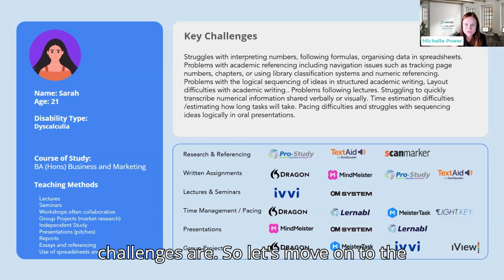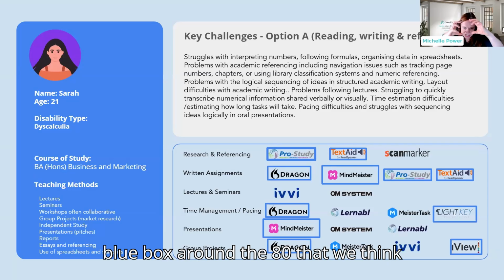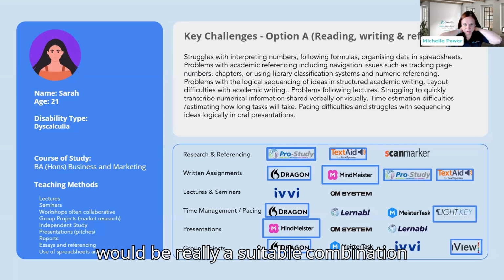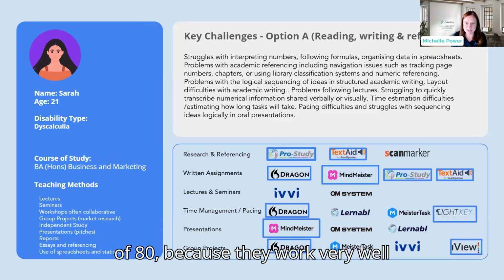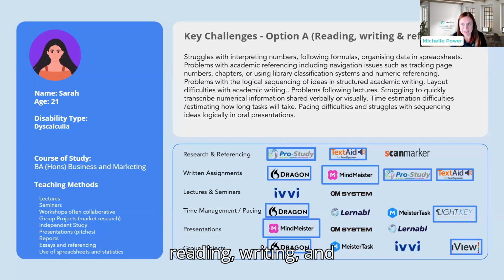So let's move on to the first option for Sarah. I've put a blue box around the AT that we think would be a really suitable combination, because they work very well together, and it's going to address specifically her challenges with reading, writing, and referencing. Research and referencing is an actual section of the different areas of study.